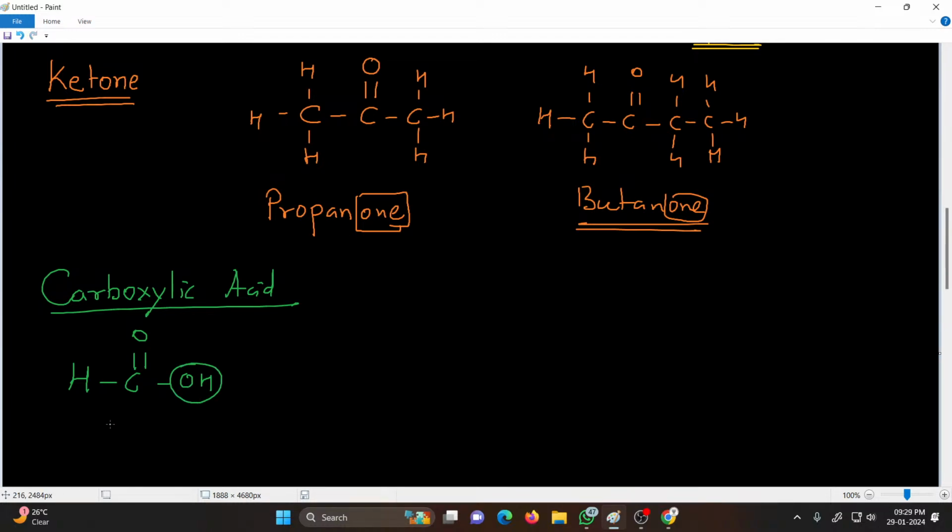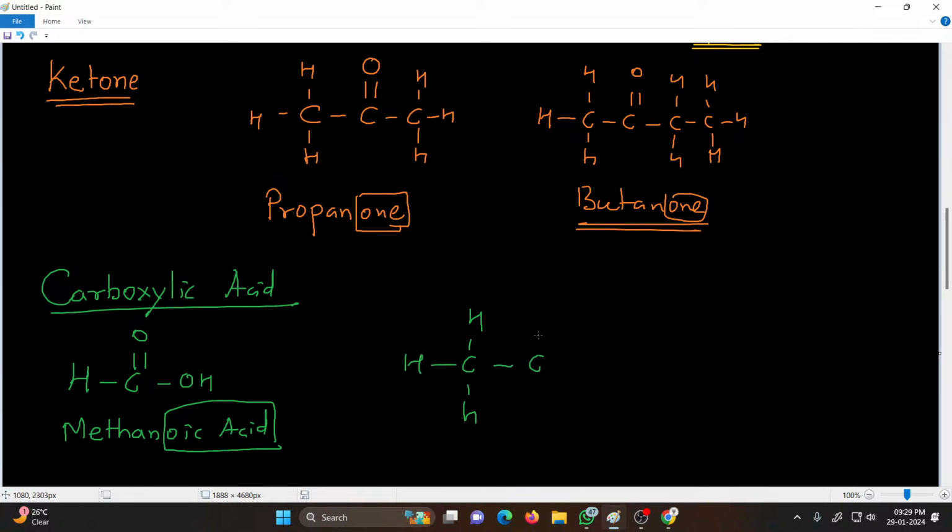Here it is a carbon hydroxide single bond. And the name of the compound here is methanoic acid. So your suffix is OIC acid. So this is methanoic acid, and then you have ethanoic acid. So the functional group is COOH. So this is your ethanoic acid, and so on and so forth.